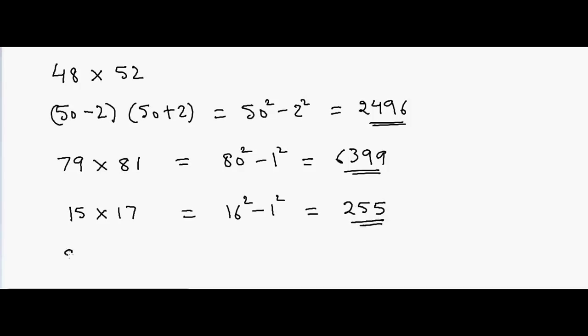Another example is 95 into 105. Here it will be equal to 100 square minus 5 square, so that gives me 9975.